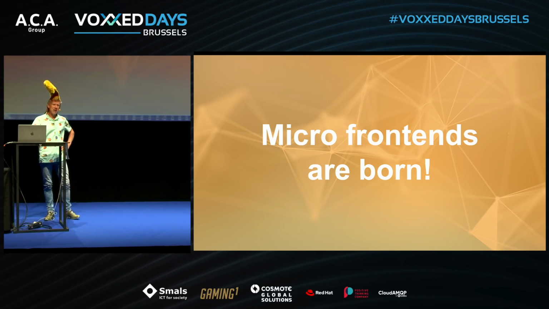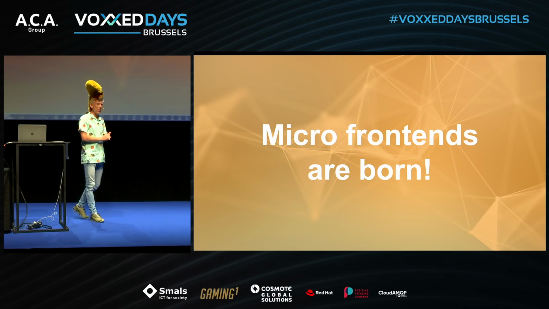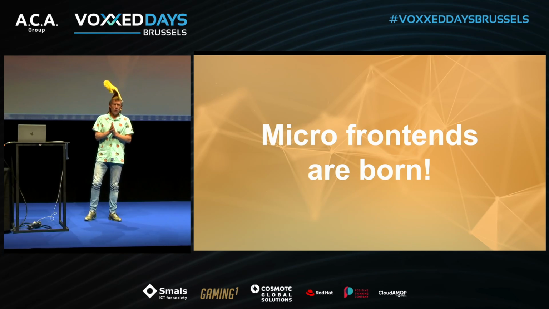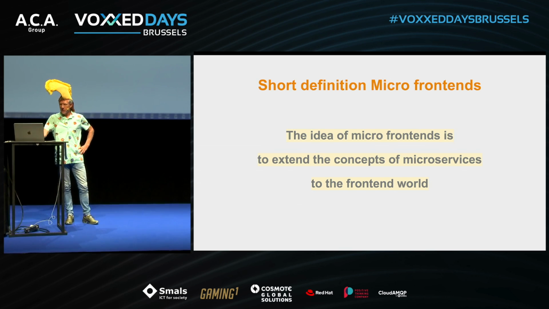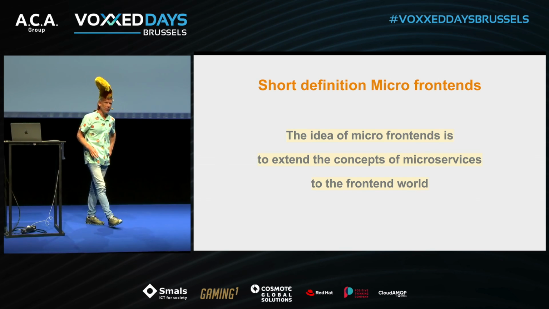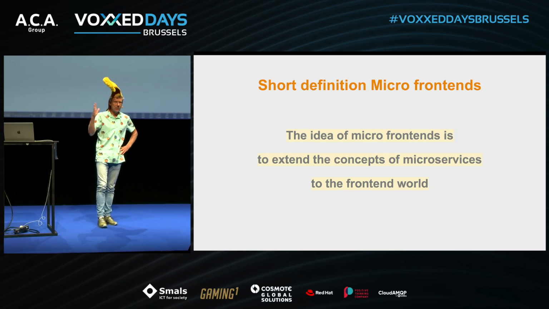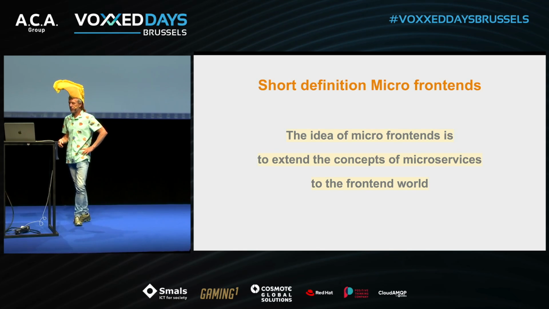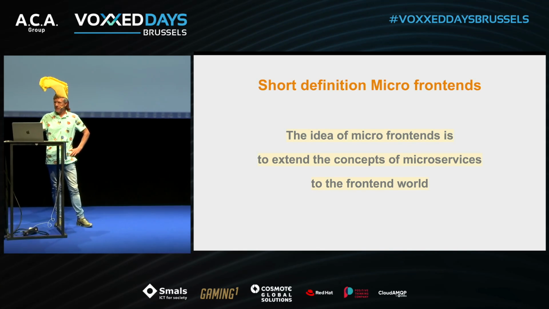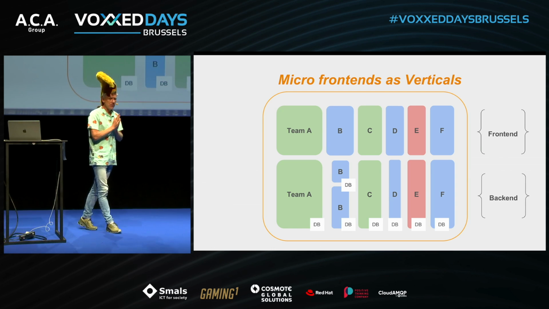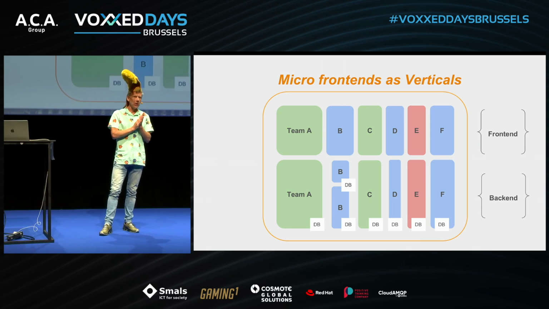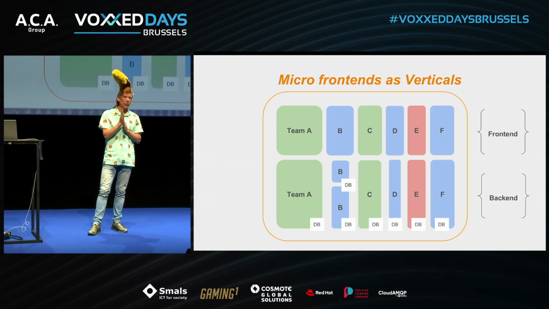So we want to split up our front-end in the same way as our backend. A short definition of Micro Frontends is that we extend the concepts of the microservices to the front end. So we decided to split up our application into verticals.